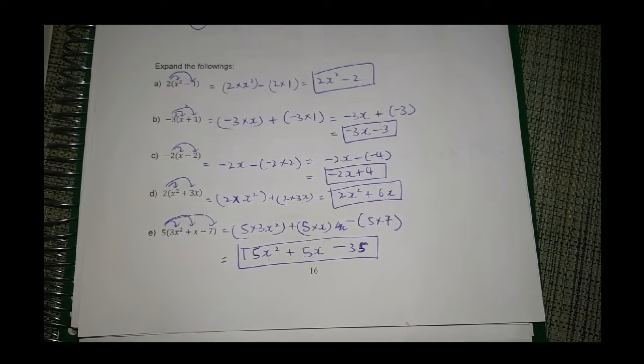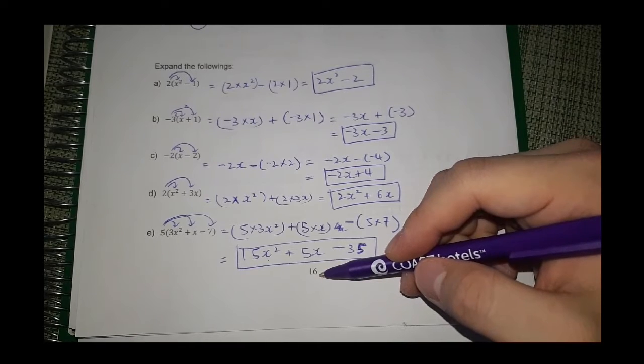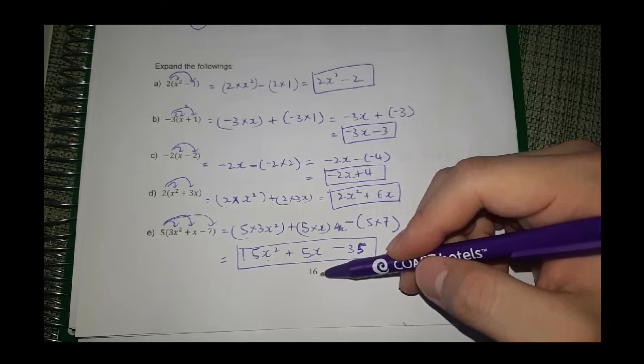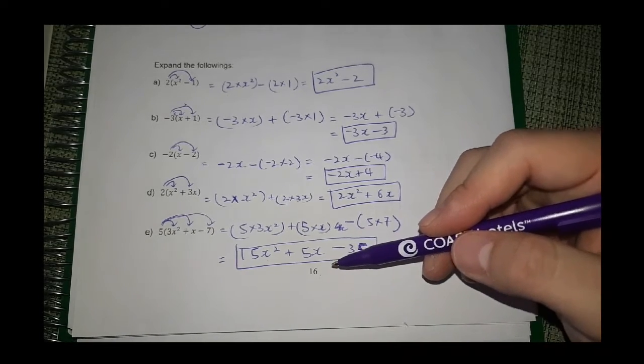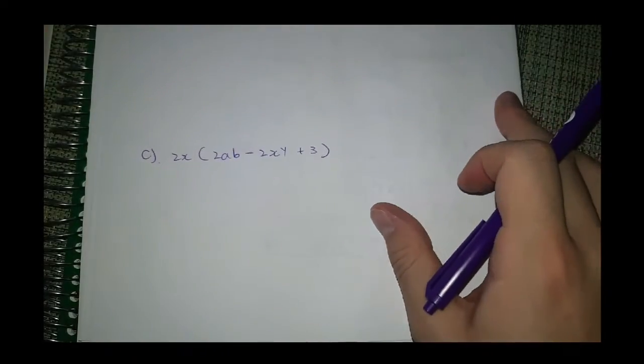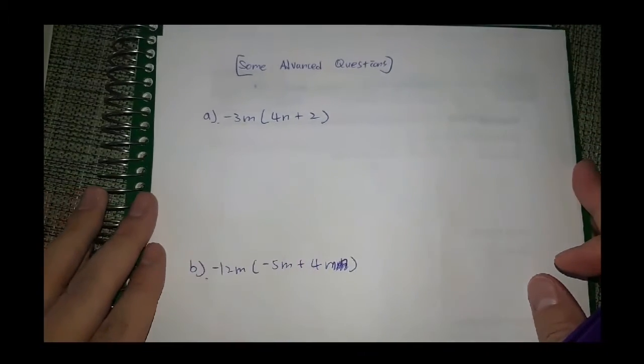I know I went through everything quite quickly, so I hope you put a pause button on for some examples to make your life a little bit easier. When it comes to your booklet, page 16 is the only to-do that I put, and I want you to prepare a blank piece of paper because we are going to do some advanced questions over here.